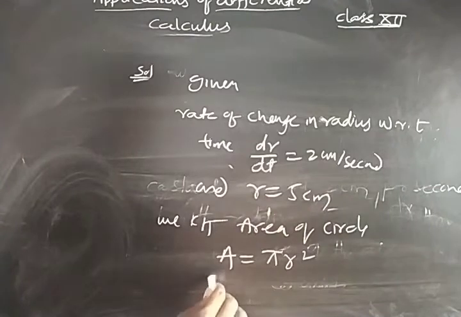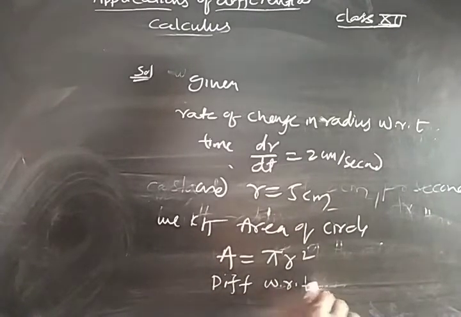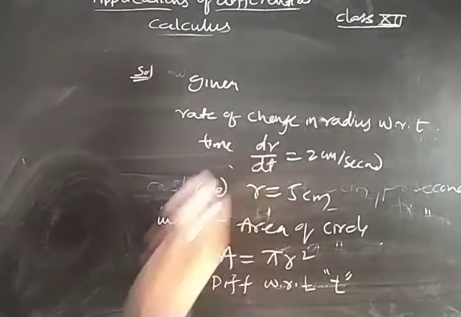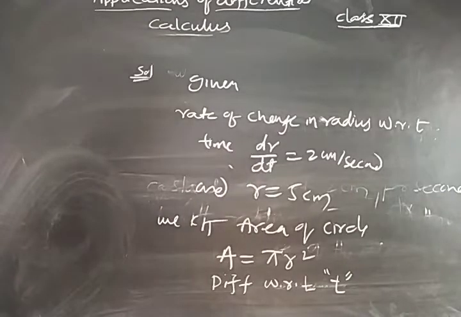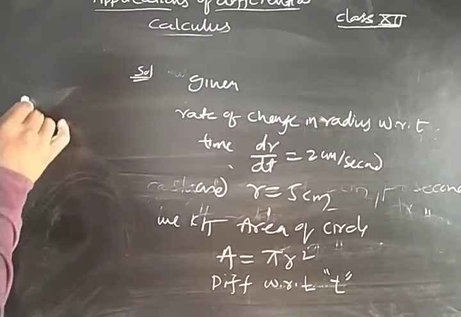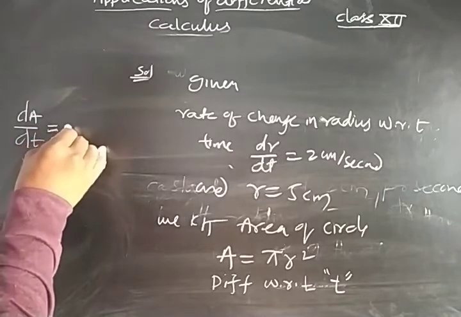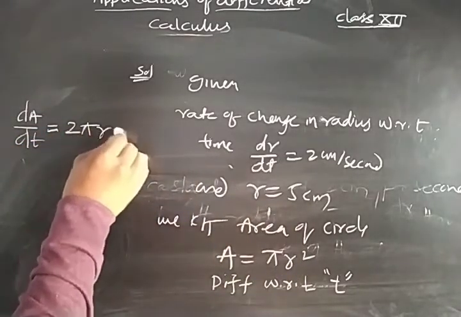Now I am differentiating with respect to t, with respect to time, not with respect to r. Why? Because we are given the rate of change in radius with respect to time. So by differentiating with time, you will get dA by dt equal to pi, constant, times the derivative of r square, which is 2 pi r dr by dt.